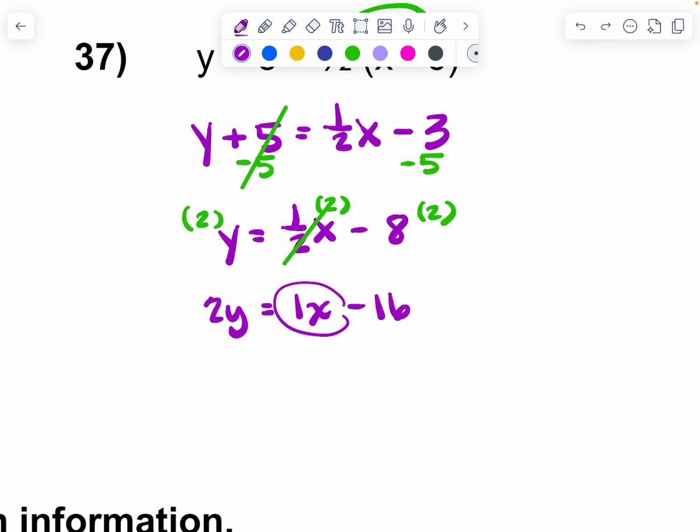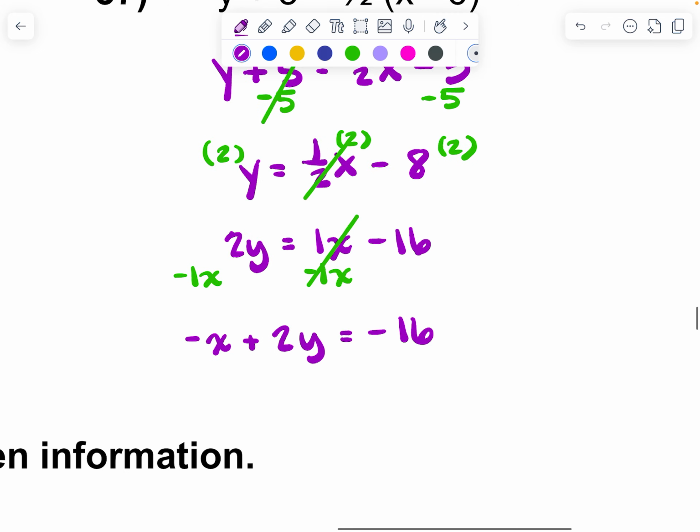We're close. We just need to get our x's to this side, right? And the only way to move a positive 1x to the other side is to subtract it. All right, so these cancel. So that's going to give us negative x, or negative 1x, plus 2y equals negative 16.